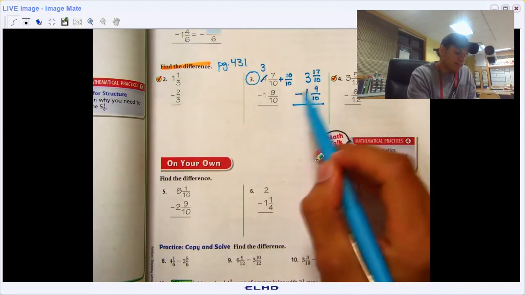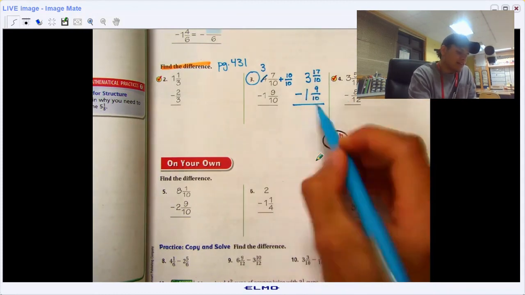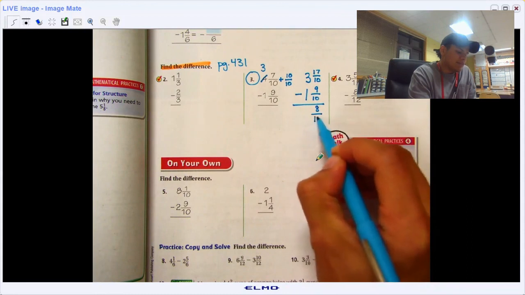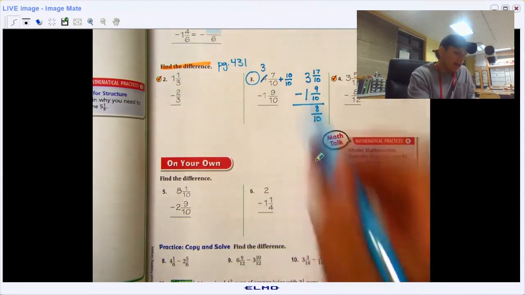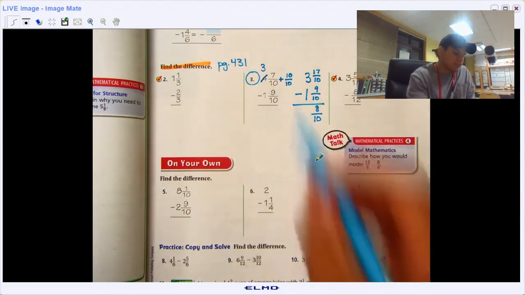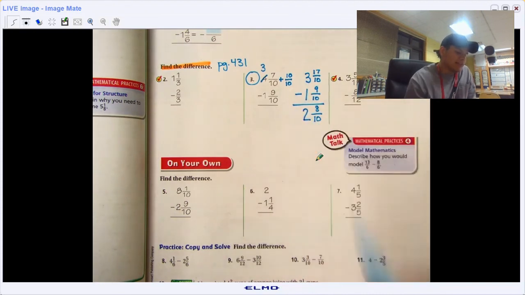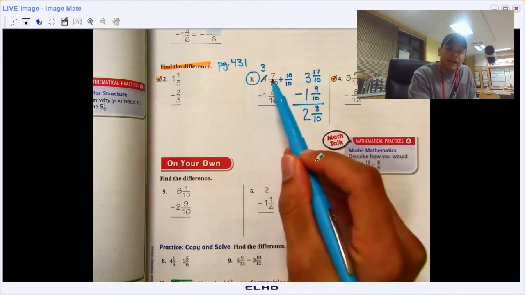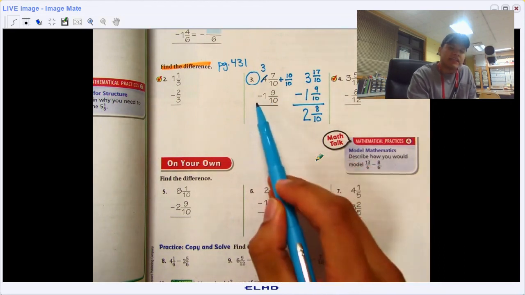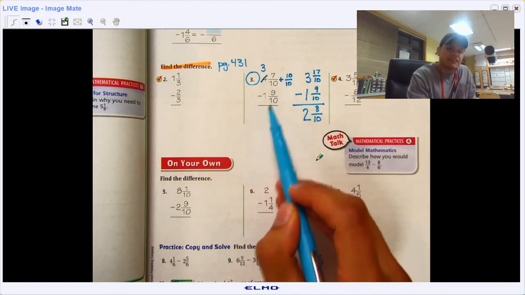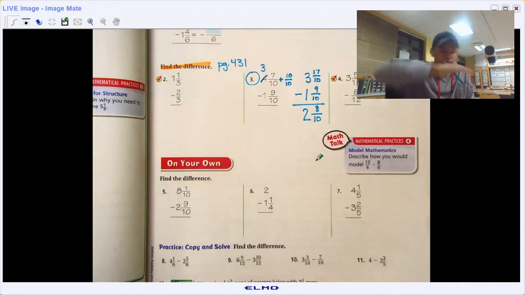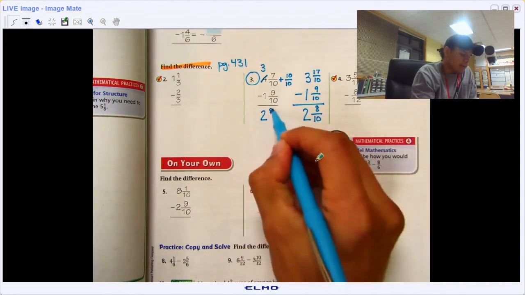We take the fraction 17/10 minus 9/10, which gives us 8/10. And then we subtract our whole numbers. 3 minus 1 is 2. So 4 and 7/10 minus 1 and 9/10, the difference is 2 and 8/10.